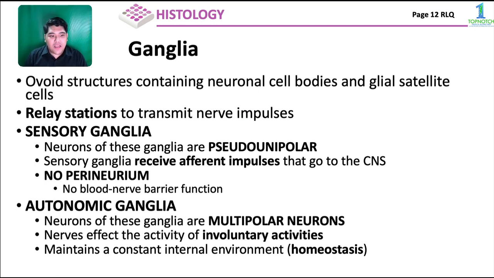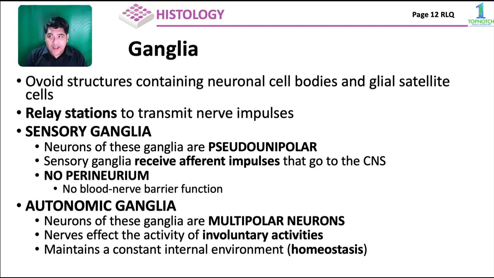No perineurium, no blood-nerve barrier function, nerve ito, not brain, because we are in the PNS, not the CNS. And then your autonomic ganglia are multipolar neurons. And we know that autonomic means involuntary activities, whose usual function is the maintenance of the internal milieu, or internal environment homeostasis.